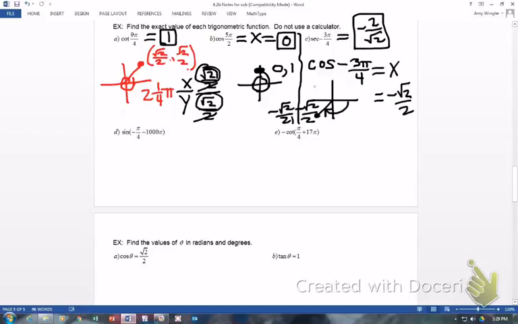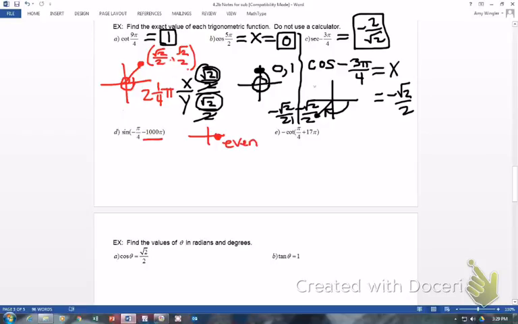Okay, next we have the sine of negative pi over 4 minus 1,000 pi. First of all, the minus 1,000 pi just means that you're going to go around negative 1,000 revolutions on your unit circle. Remember, all even numbered pi's end up being over here.